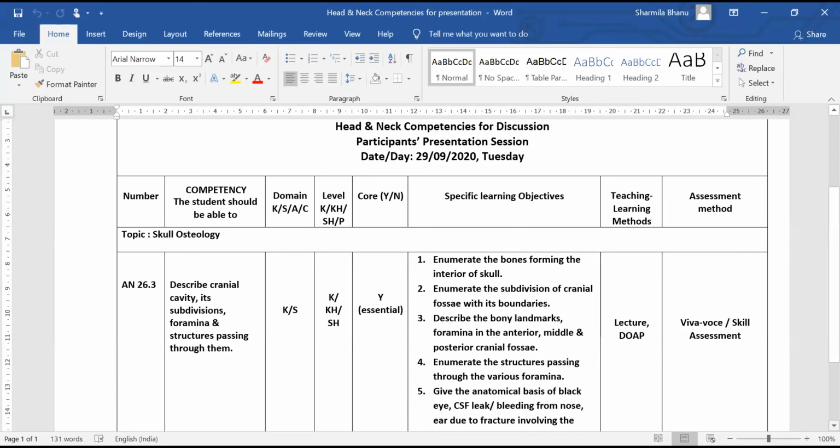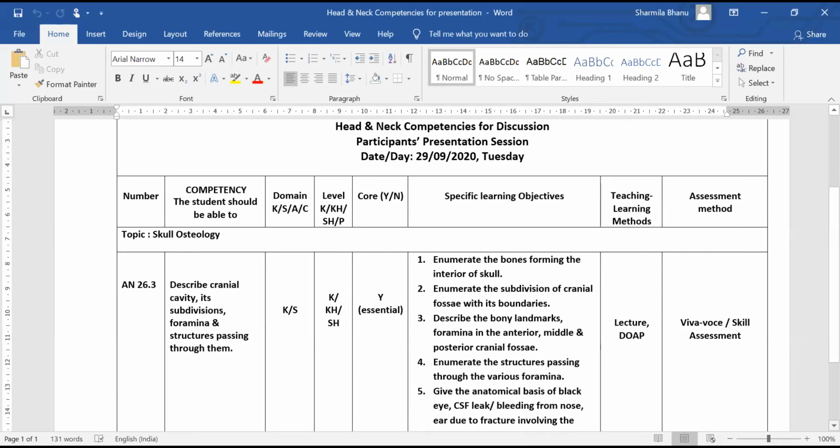Coming to the specific learning objectives, the first one is enumerate the bones forming the interior of skull. Second SLO, enumerate the subdivisions of the cranial fossa with its boundaries. Third, describe the bony landmarks, foramina in the anterior, middle, and posterior cranial fossa. Fourth, enumerate the structures passing through various foramina.